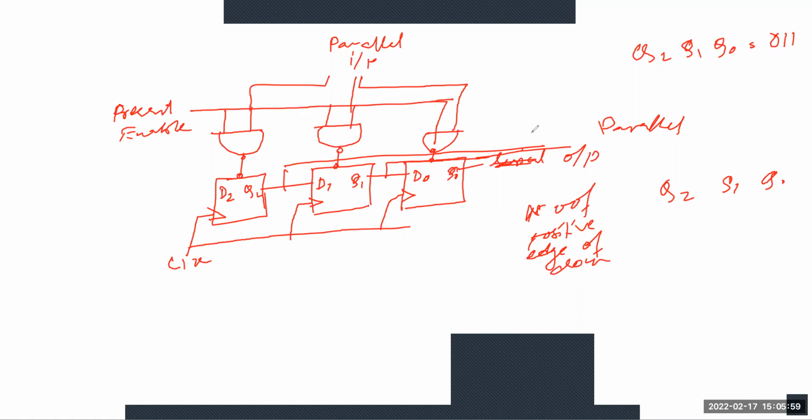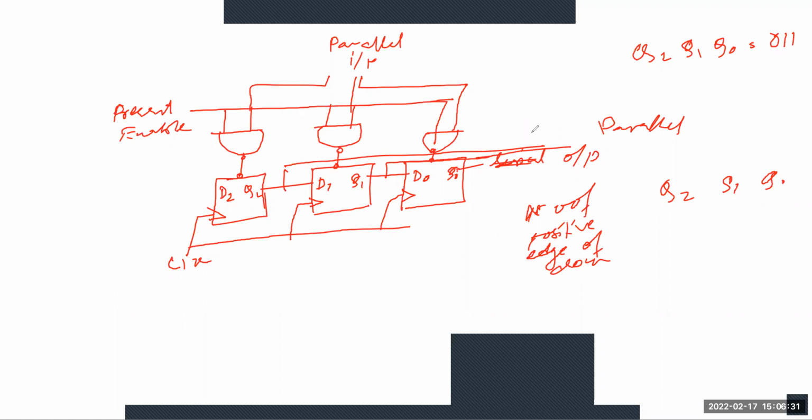So the binary information 0, 1, 1 is obtained in parallel at the output of the D flip flops before applying the positive edge of clock. Okay, so for this case, the 3-bit PIPO shift register requires 0 clock pulses in order to produce the valid output.